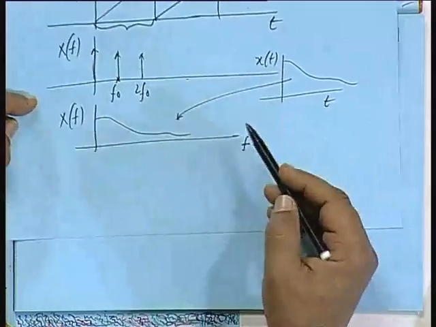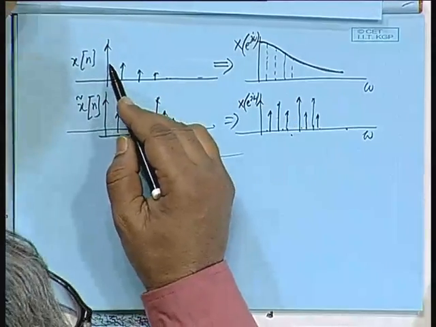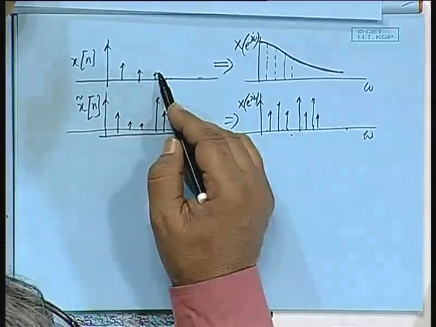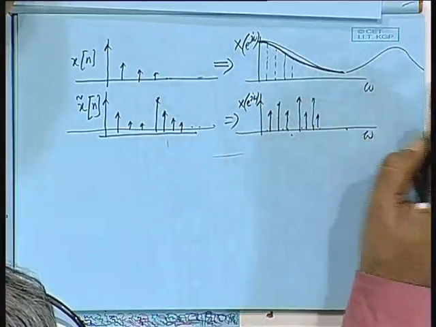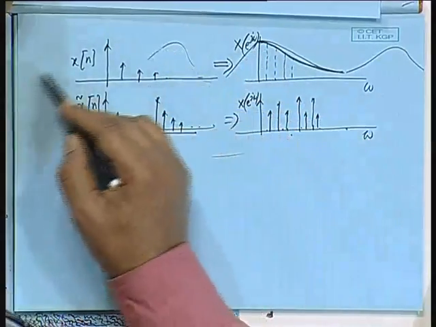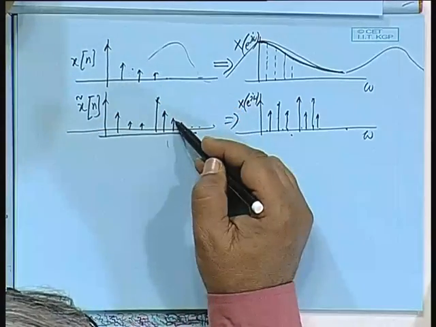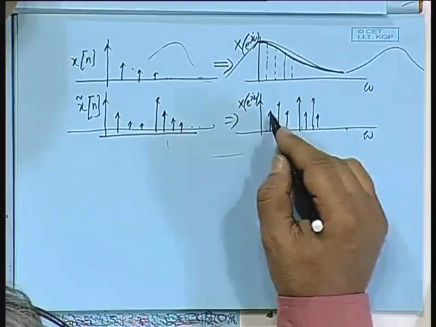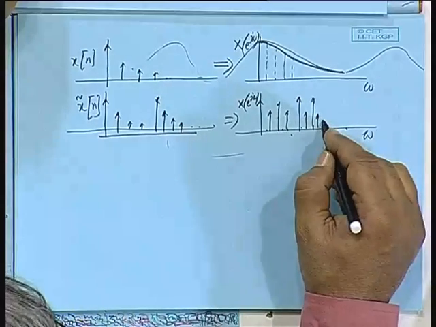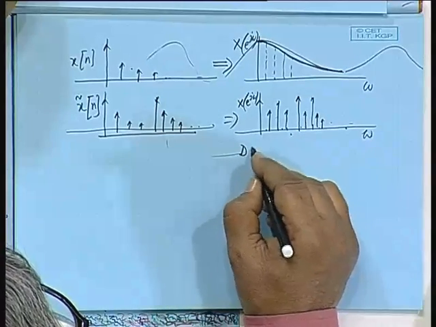Okay. And when it is discrete, instead of a continuous function, we get this periodic, this will be coming periodically. Okay. When this is discrete and periodic, this will also be discrete and periodic. So, these are the types of functions that you get. So, this is known as discrete Fourier series.